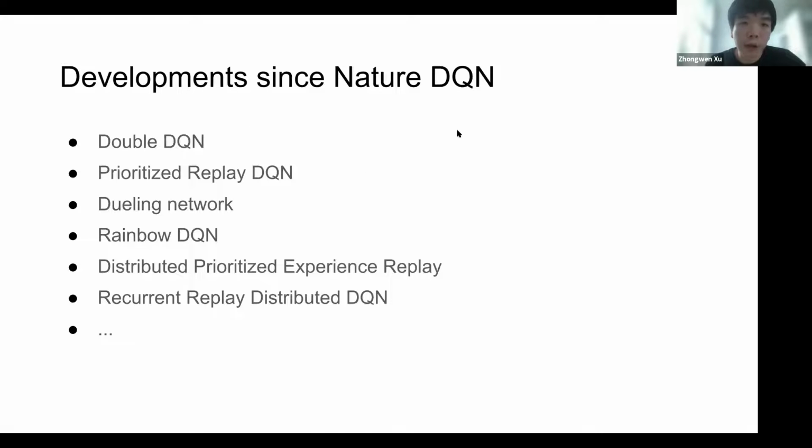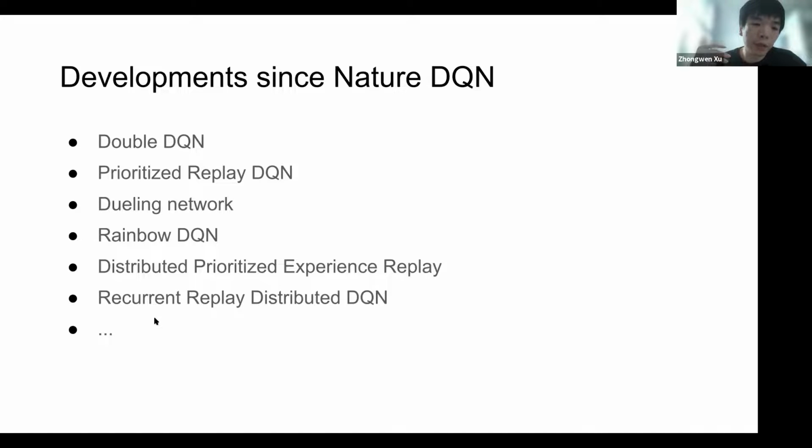There are many developments since the Nature DQN paper, including double DQN and prioritized replay DQN, and a combination of all these techniques is widely adopted as a good baseline nowadays. It's called Rainbow DQN. Also, to speed up the training of the DQN family agents, people use distributed training in the distributed prioritized experience replay paper.